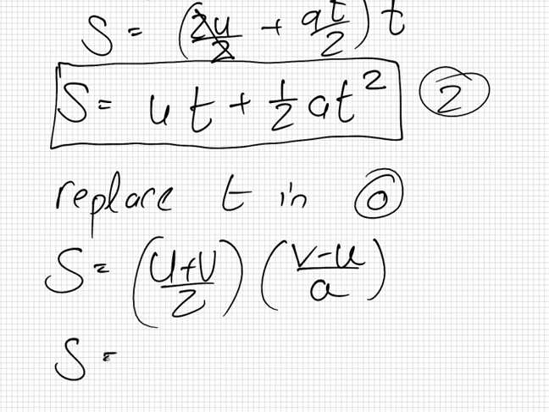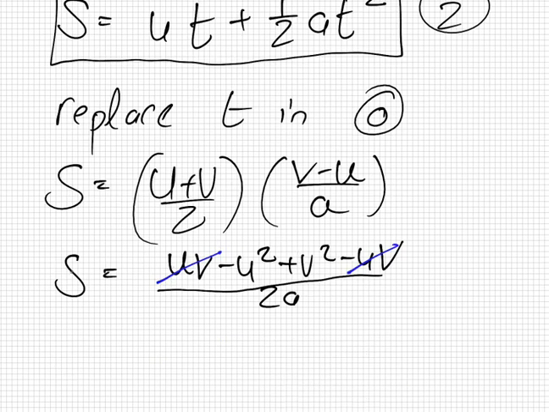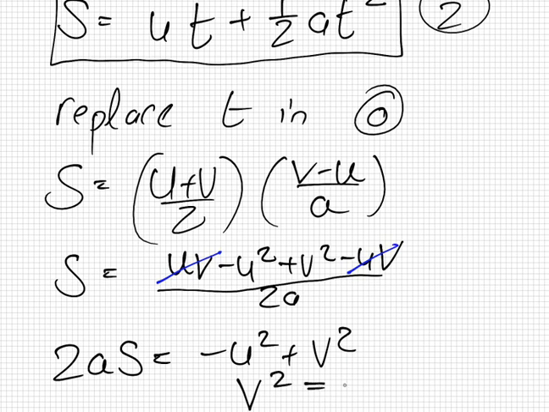So I get s equals, here is 2a, u by v is uv, u by minus u is minus u squared, v by v is v squared, and v by u is uv. And what's great is that cancels that. So I have 2as equals minus u squared plus v squared. So I have v squared equals u squared plus 2as. And that's the final formula.